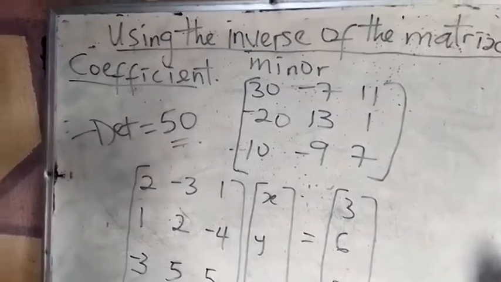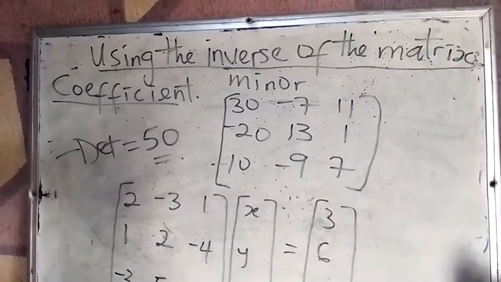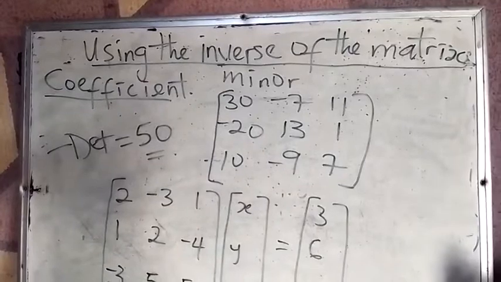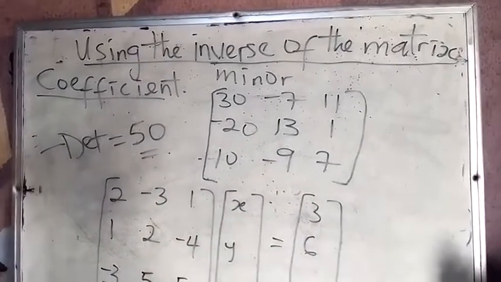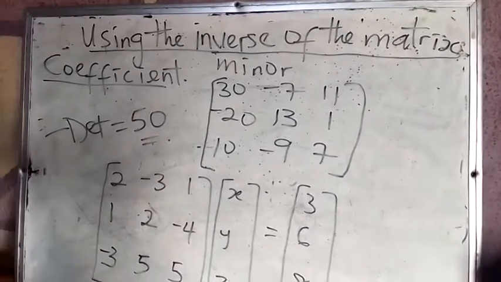So the third thing you are going to do is to find the cofactor of this minor. And the cofactor is going to give you something like this.